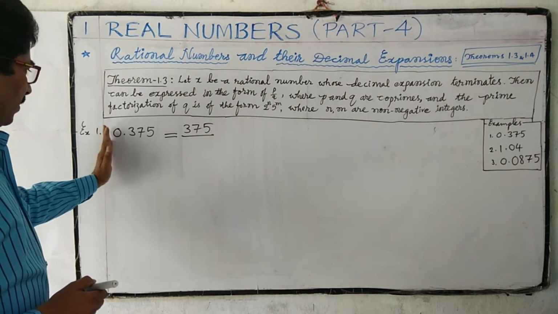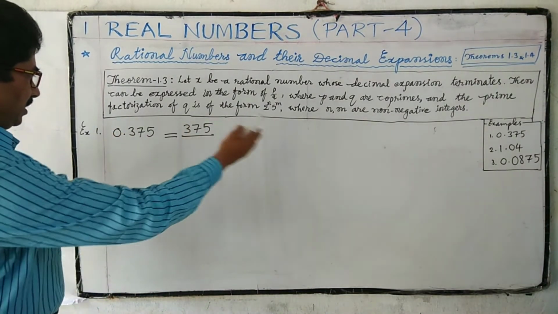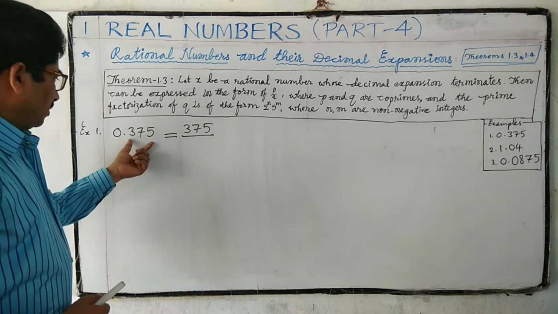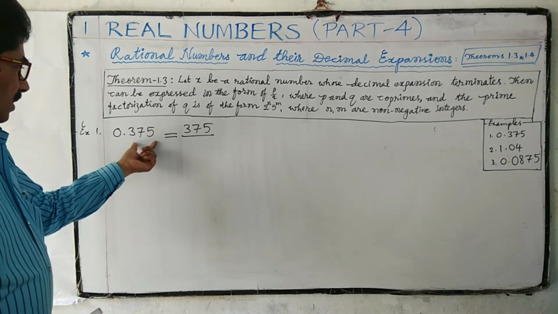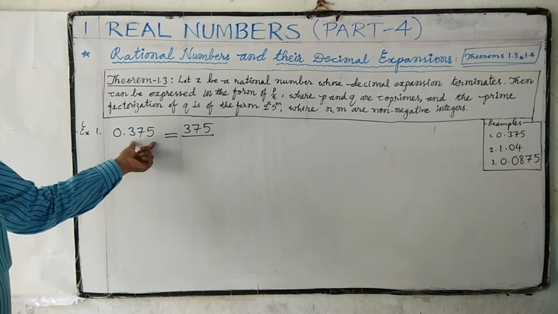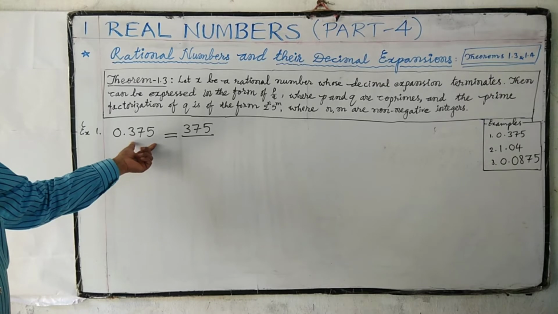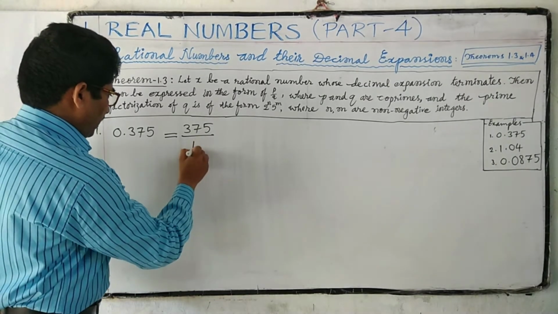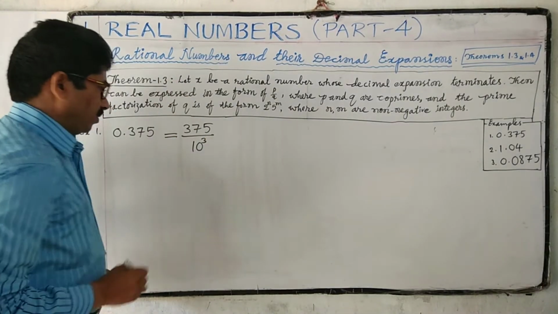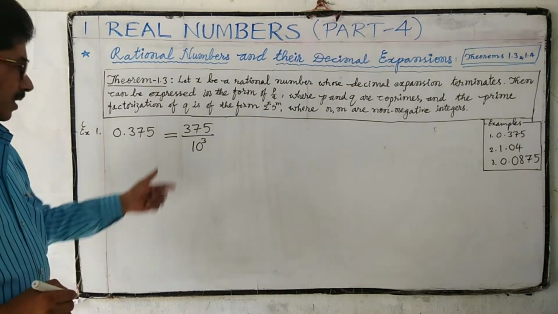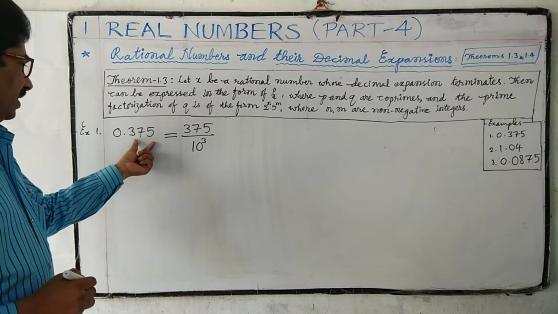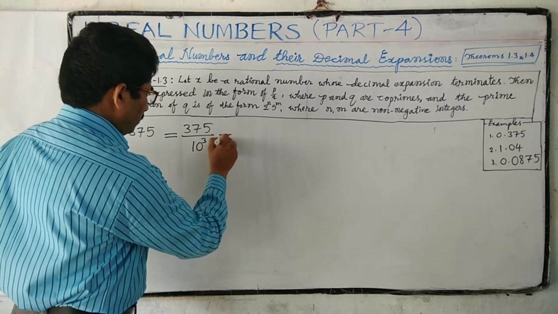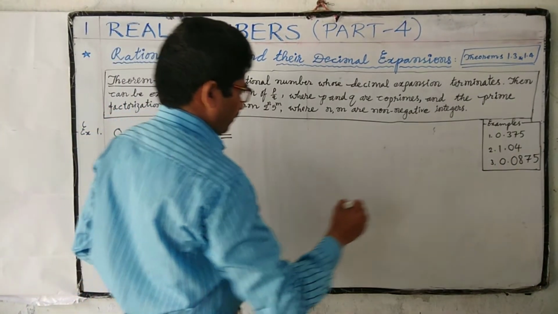The whole part is zero, and the decimal part has three decimal places, so we have to write 10 cube, or 1000. There are three decimal places, so we write 3. That is equal to 375 by 1000.